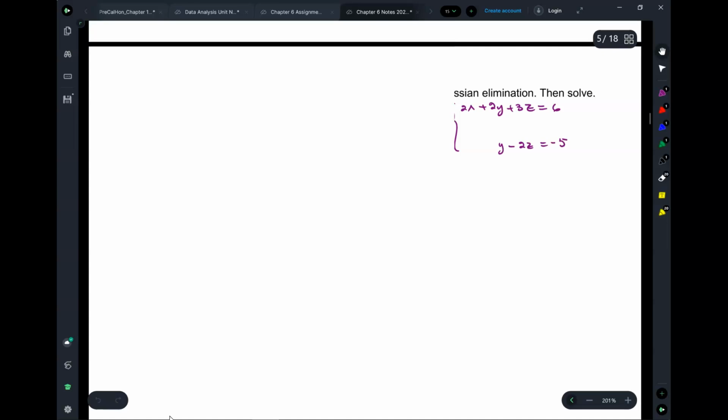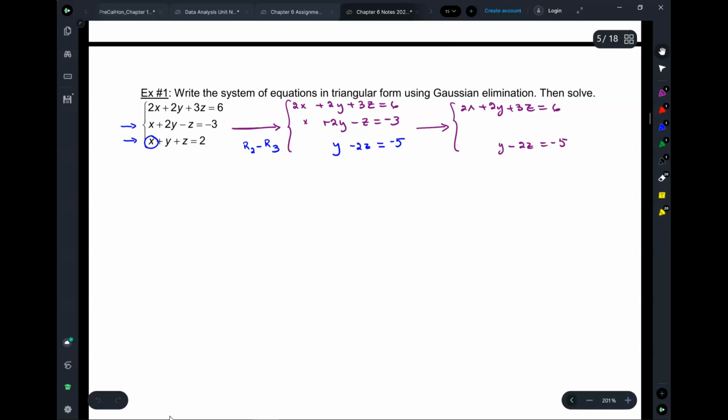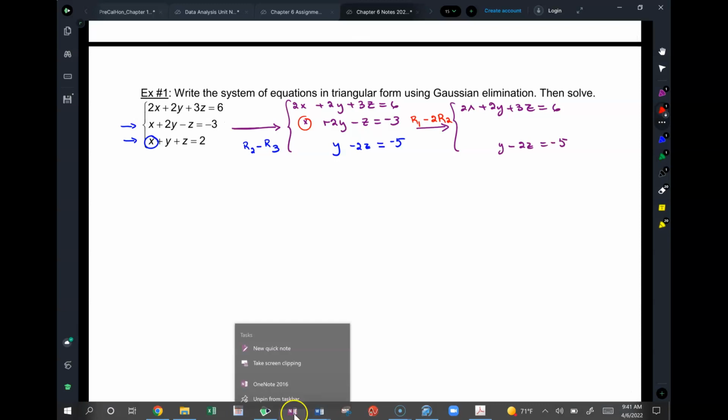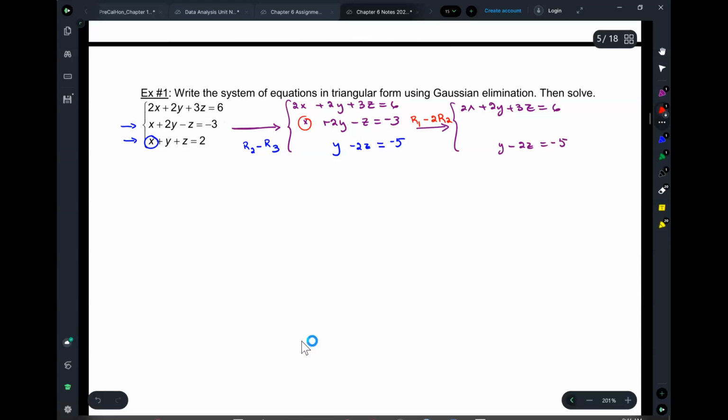Okay, so I'm going to multiply this by 2 and subtract. So basically what is going to happen is row 1 minus 2 times row 2. And maybe we might need a little piece of scratch paper to do this.